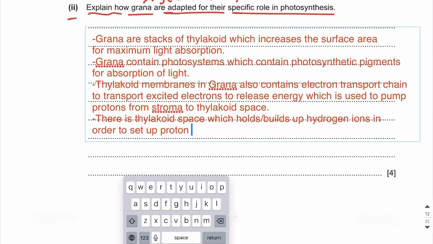So guys, thylakoid spaces in the grana are also an adaptation, because these spaces can build up protons or hydrogen ions, setting up a proton gradient, right?